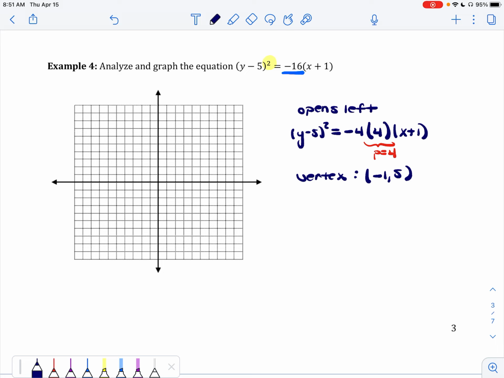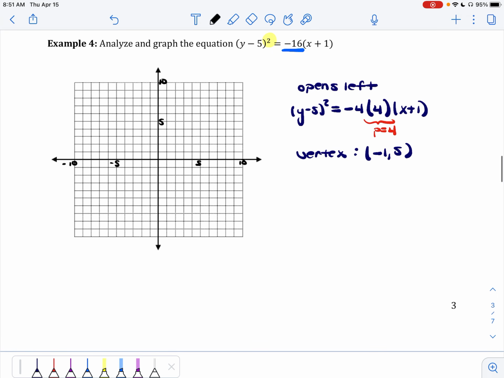Okay, go ahead and start graphing this. Let me label my scale here real quick. Actually, I think I'm going to have to use a bigger scale on my y-axis on this one.